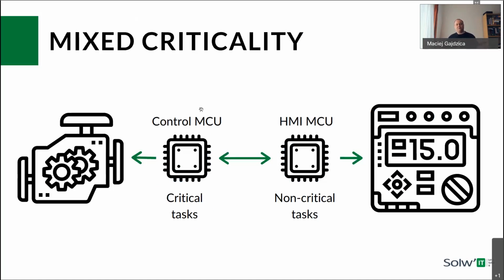We have a control panel consisting of a graphical interface, a touch panel, some buttons, some sound signals, and all of those things are not that critical, but they use a lot of resources, a lot of memory, a lot of CPU time. And if they are on the same processor, we will increase the risk of failure. So it's better to separate them and make our life easier.